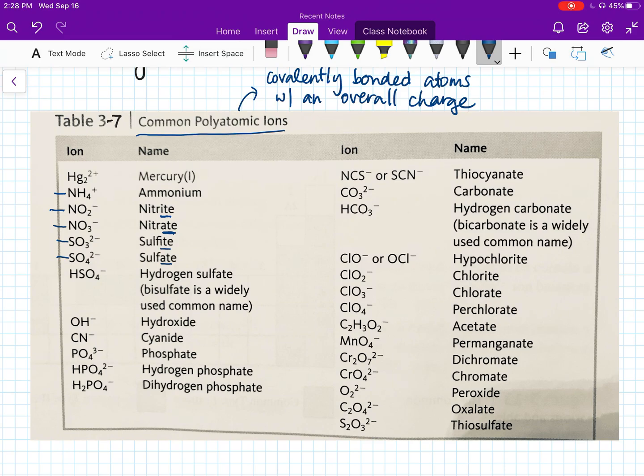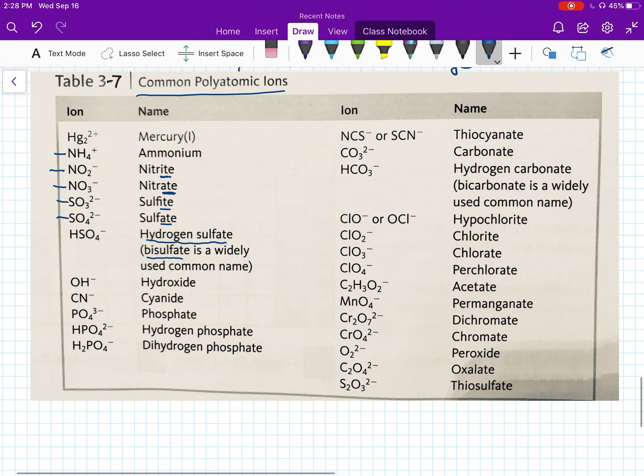So it's the same pattern. HSO4 minus is usually called bisulfate, but they're trying to change the name to hydrogen sulfate for that polyion.